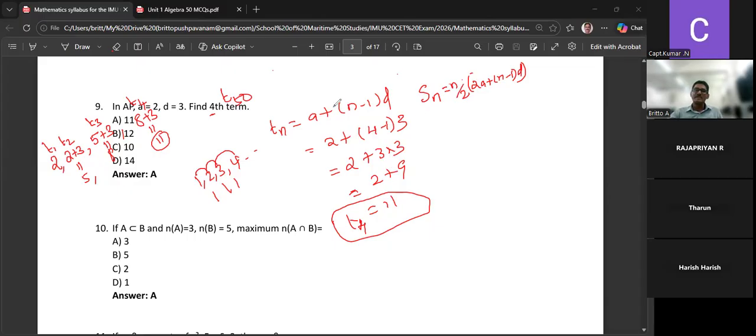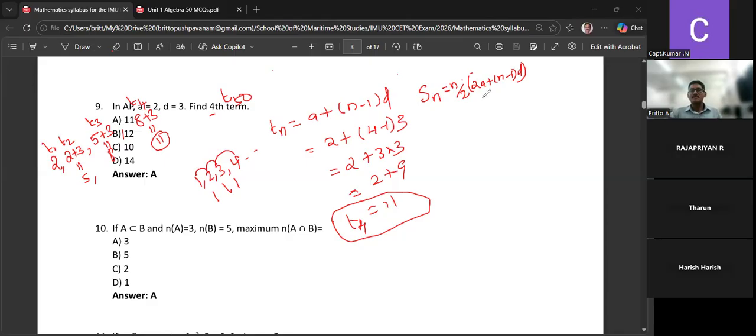Here n means, suppose they're asking for the sum of 50 terms of this AP, then n equals 50, a is the first term, and d is the difference. You put them in and you get the sum of the terms, right?